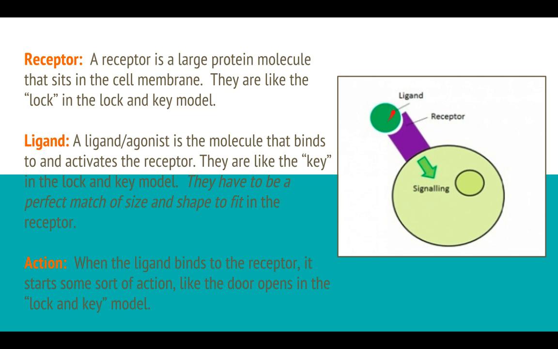The ligand, what we're going to be talking about most of this unit, being hormones or neurotransmitters, bind to the receptor, and they cause some sort of action. Something happens when those two bind. It's kind of incredible. These ligands come through your bloodstream or your nervous system or your endocrine system.